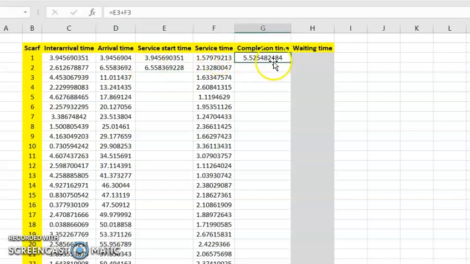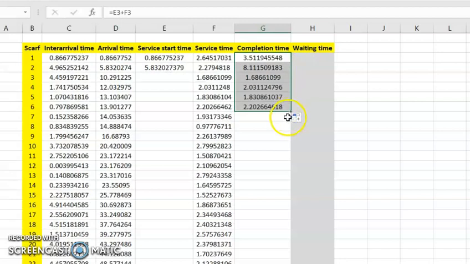So here, about the completion time. Completion time is always service start time plus service time. It's a general fact. Although to calculate the completion time you need to have the service start time, which is a little bit tricky, these two things are related to each other. So what do you think if I drag this formula down like this?